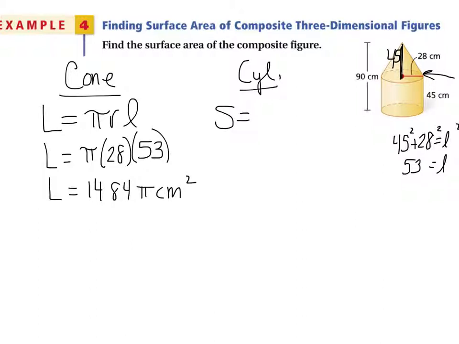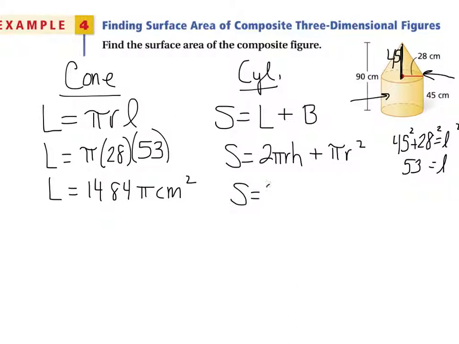Now the cylinder, we want the lateral area of the cylinder, and the lateral area of the cylinder is what? Well, it's 2 pi RH. That's base times height of the rectangle. Now usually it's going to be 2 circles, but I only want 1 circle because I don't want the other circle. So I'm just going to add pi r squared. So if we plug this in, 2 pi times the radius times the height of just the cylinder plus pi radius squared.